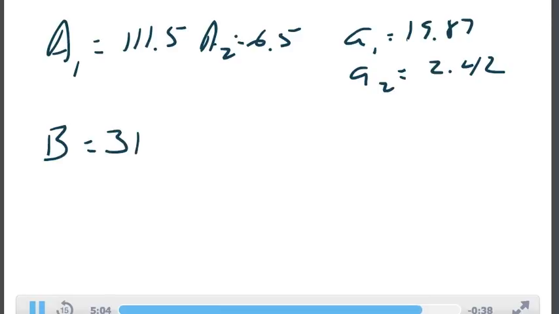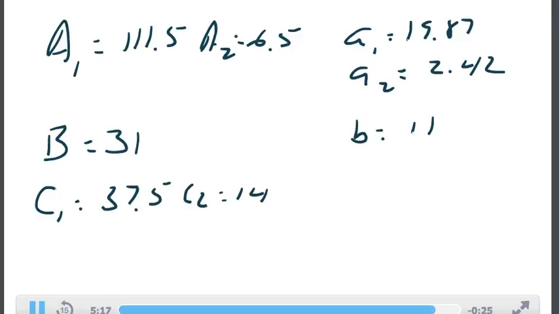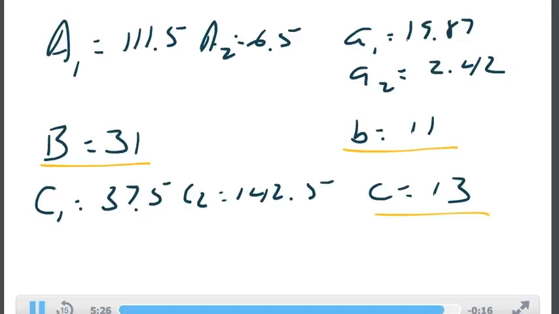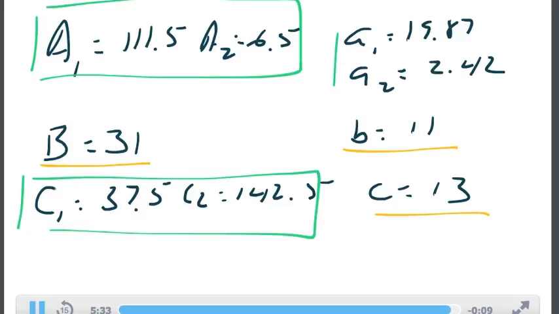B is 31, side b is 11, C1 is 37.5, C2 is 142.5, and side c is 13. Those were given, and we found the A's, the C's, and the sides a.